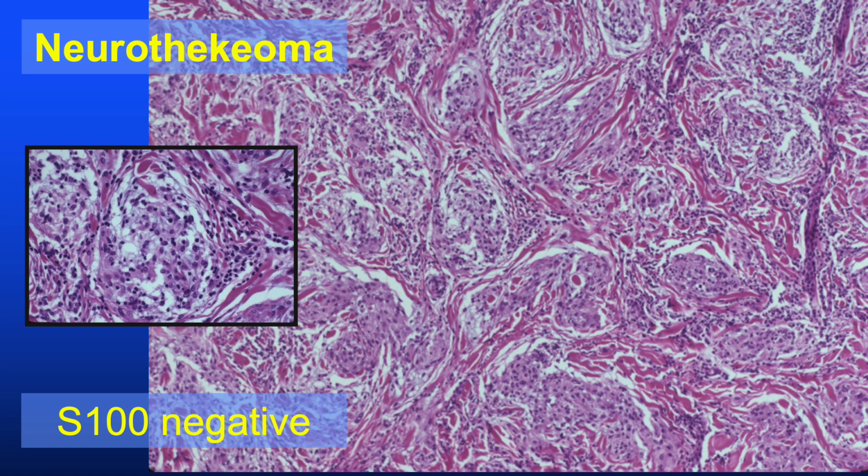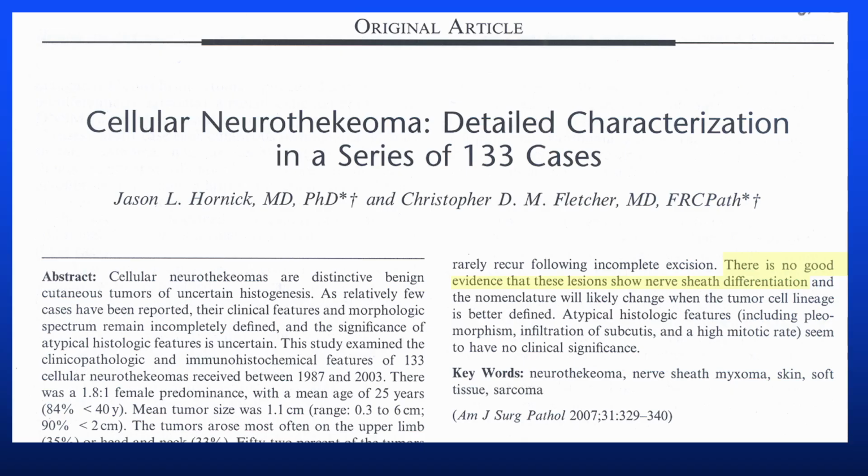Again, we see that multilobular pattern of growth, but in contrast to nerve sheath myxoma, we do not have prominent myxoid stroma, and if there was any doubt, this tumor is S100 negative. And over a decade ago, a comprehensive analysis of a large number of neurofibromas by soft tissue pathology experts, Drs.